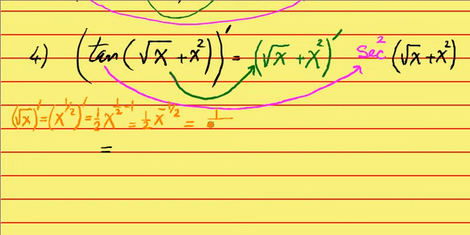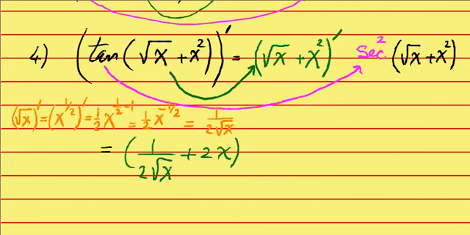Writing it in nice fashion would be 1/2 radical x. Okay, it's a good thing to memorize. The derivative of radical x is 1/2 radical x. So I'm going to write 1/2 radical x. Derivative of x squared is just 2x.